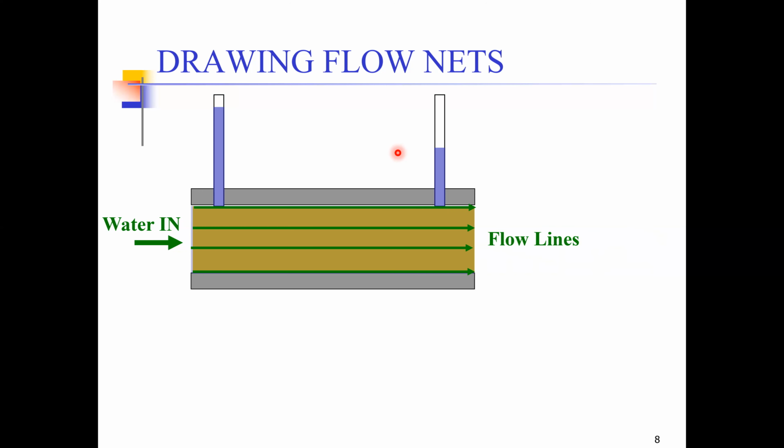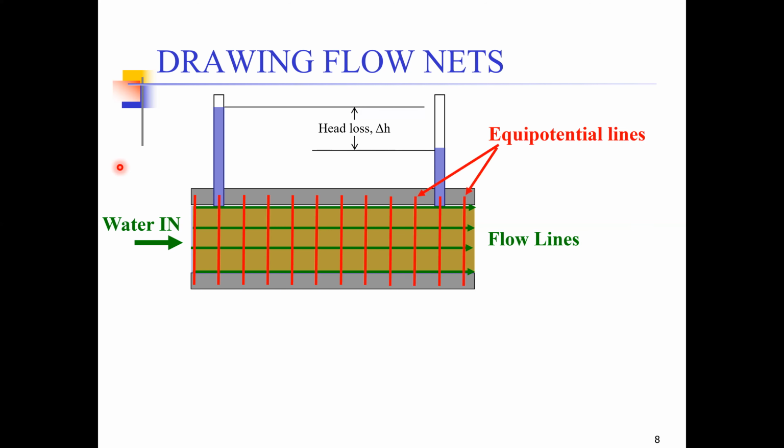How can we draw the equipotential lines? Again, it should be pretty simple. From your knowledge up till now, you know that this difference represents the head loss, and in order to draw the equipotential lines, you can represent them by straight vertical lines which are equally spaced, and this is something you'll call the equipotential line.